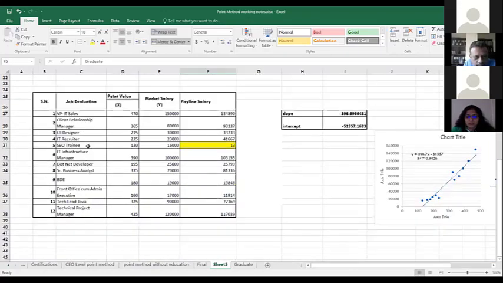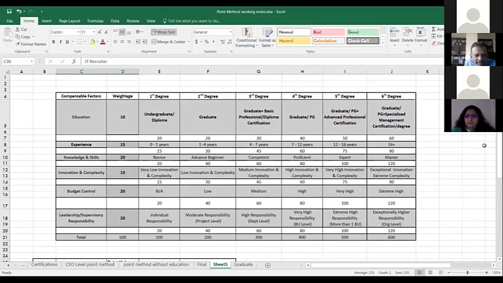You will see even positions like IT recruiter with less experience is having more point value as compared to UI designer, when UI designer is having 3 to 5 years of experience and IT recruiter is having 2 to 3 years of experience. So just show me the point table, please. Okay, 1 minute.